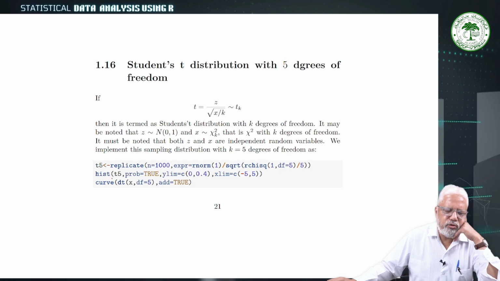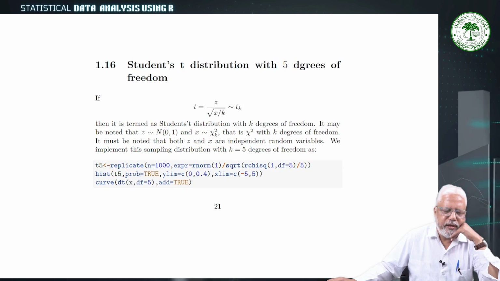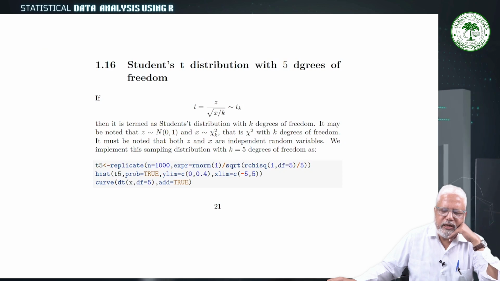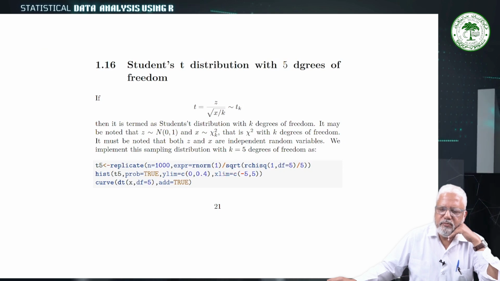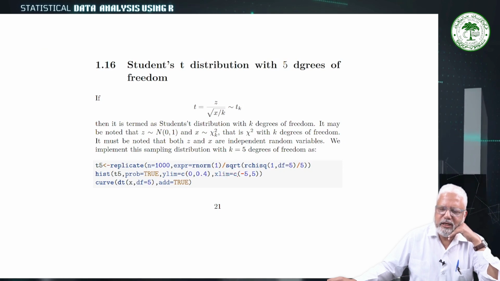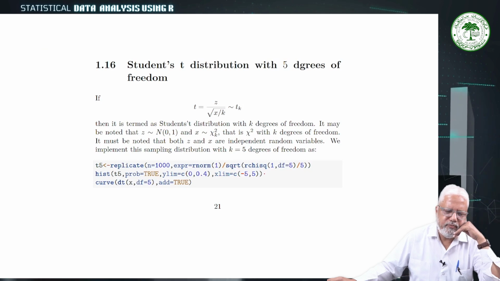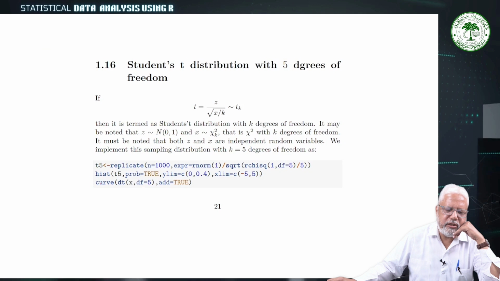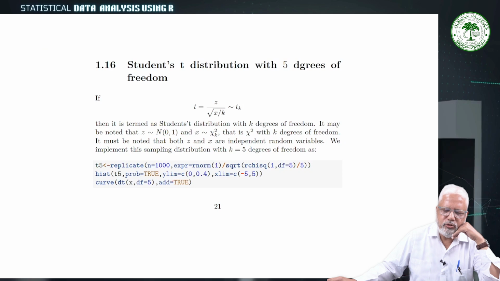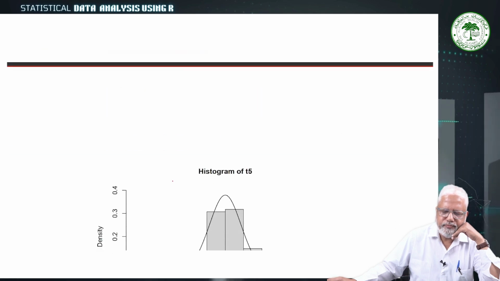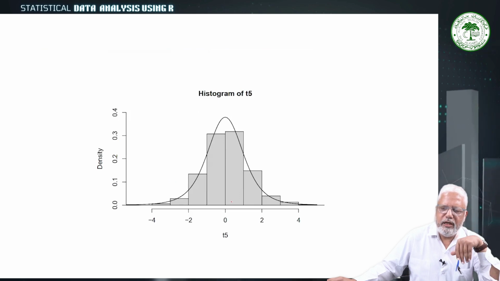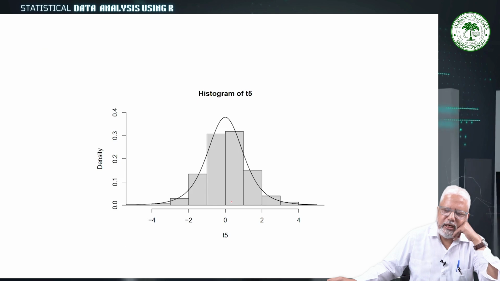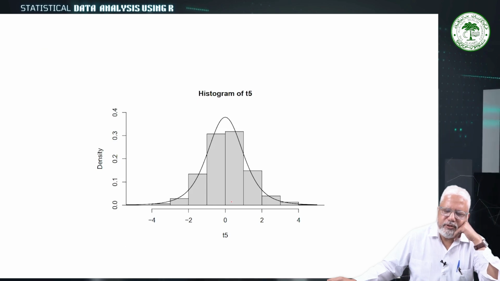And then we are making a histogram of T5 with prob equal to TRUE, ylim equal to c(0, 0.5) and xlim. Here we are putting a limit on the x-axis, -5 to +5. And curve dt, this is the exact curve, dt(x, df=5), add equal to TRUE. So see, this histogram is made on the simulated data, whereas this curve is the exact curve of T distribution.